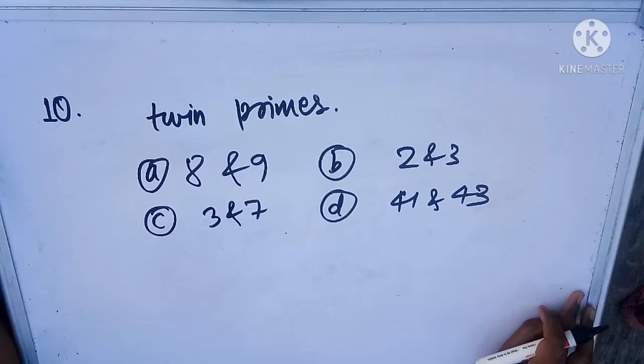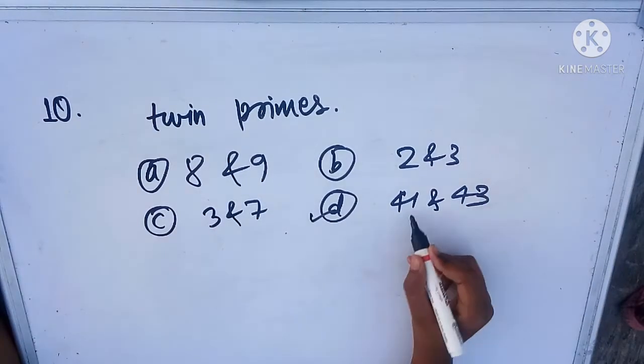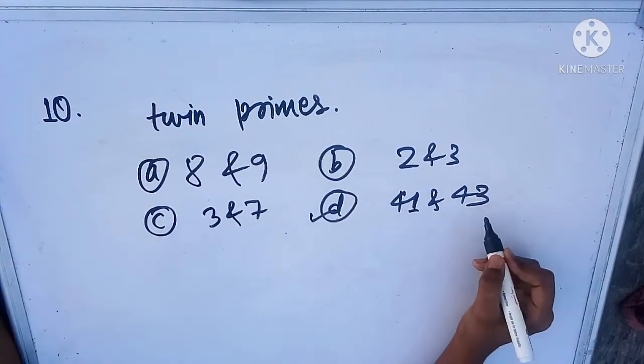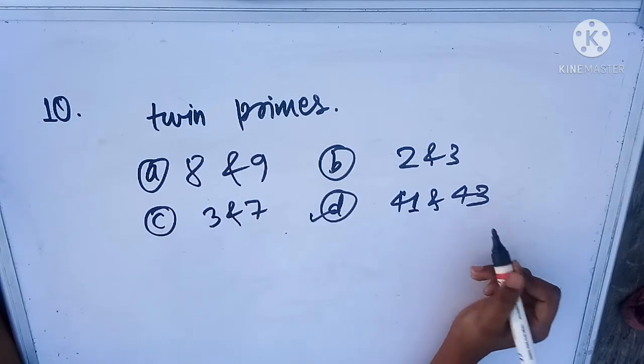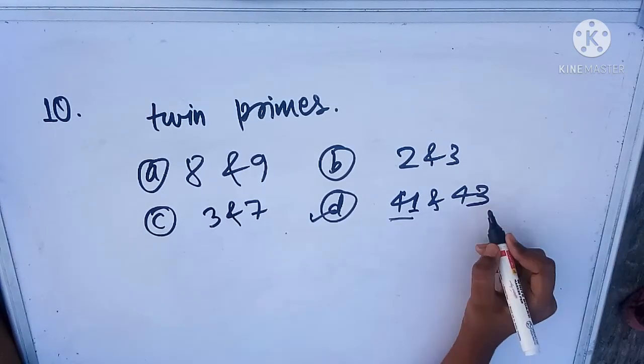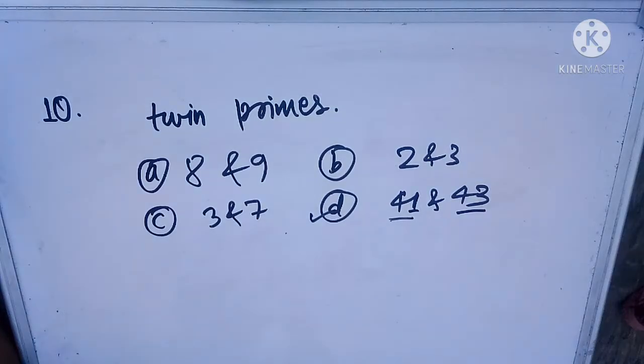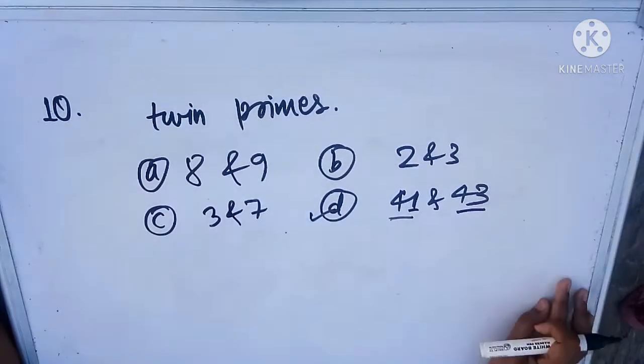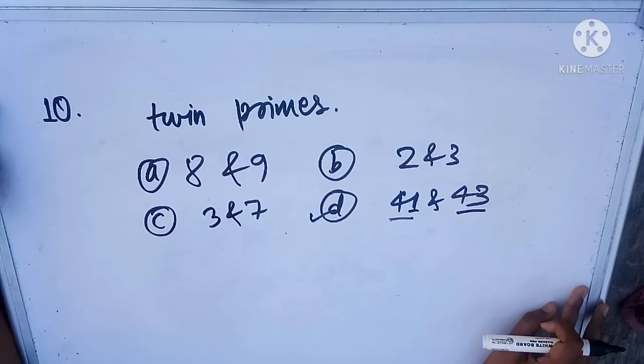So here in the example we have option D, 41 and 43, having a difference of two. 41 is a prime number, 43 is also a prime number, and they have a difference of 2. So this is a twin prime pair.